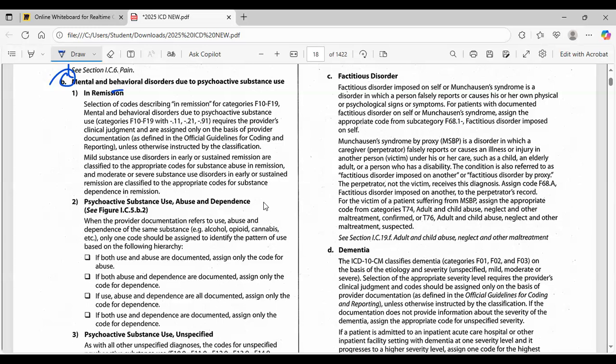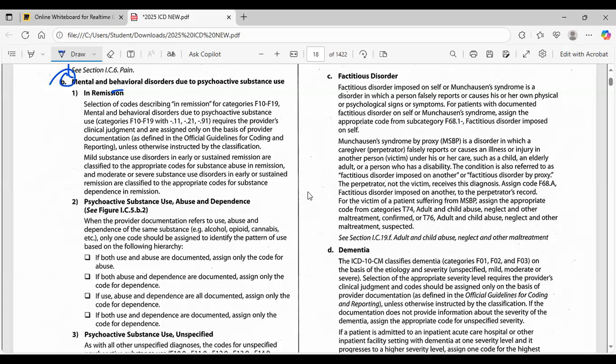So whenever a patient is using a psychoactive substance and is getting any medical or behavioral disorder due to the psychoactive substance use, in that case you have to code the medical disorder at the first position, and then a code for psychoactive substance use, abuse, and disorders if the patient is using anything.